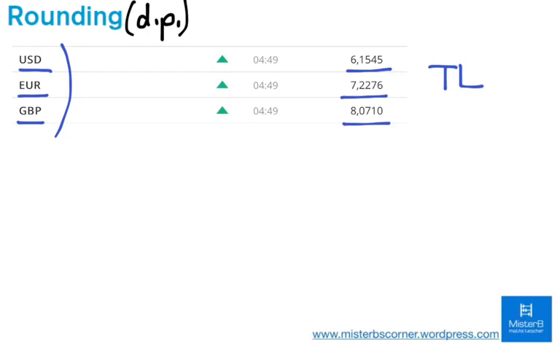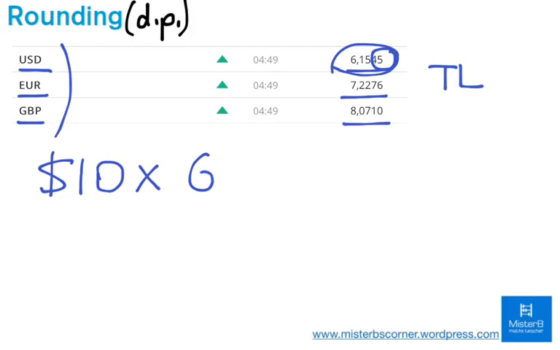So if the person who would change my money considers, for example, American dollars, and I have $10, if they consider scrapping this 45 at the end and write 6.15, well, I could be okay with that. And that would end up with 61.5 TL.